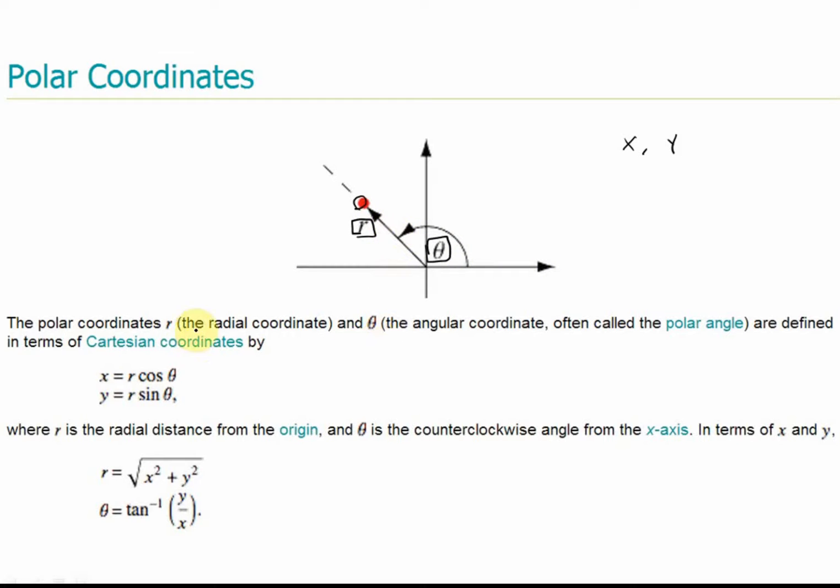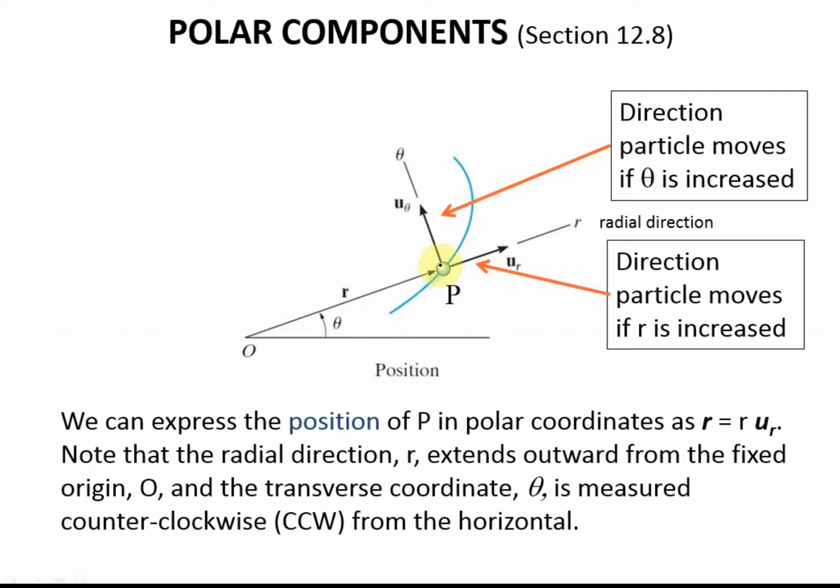We call the r direction the radial direction, and the direction orthogonal or perpendicular to the radial direction is called the transverse direction. Your particle P is here, and I want to locate P using R and theta.